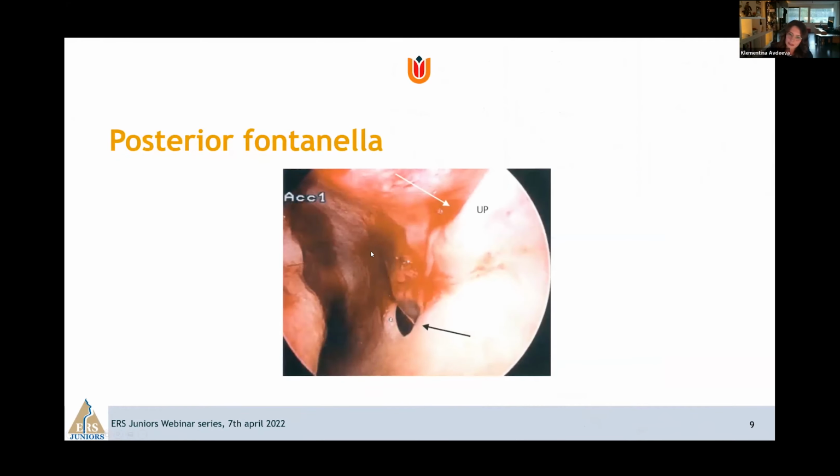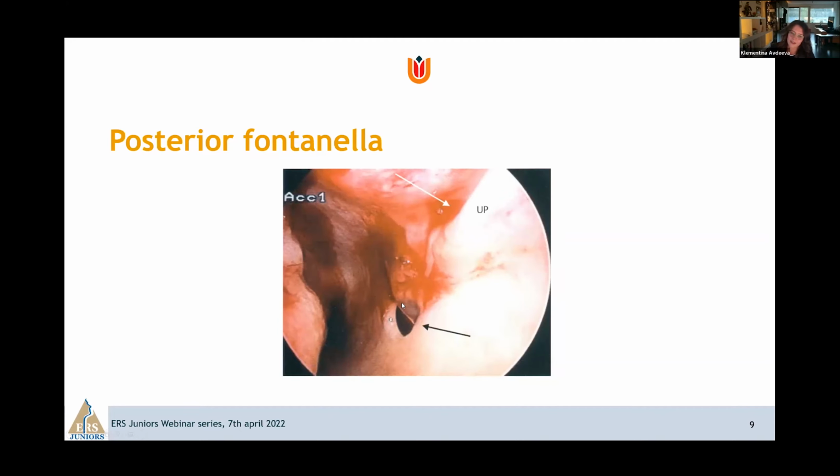What's important to realize is that posterior inferiorly to the uncinate process is the posterior fontanelle of the maxillary sinus. This is a wall that's formed only by the intranasal mucosa and a layer of mucosa in the maxillary sinus. And sometimes there is a hole in there.